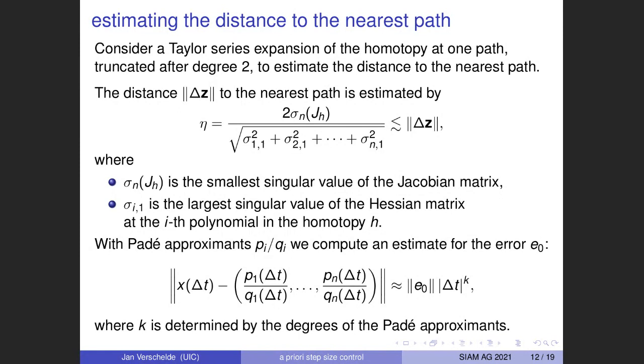There is way more to it in the derivation, but this is a summary slide on how we can estimate the distance to the nearest path, taking into account the curvature. The more the paths curve, we are going to see this in the Hessians. And you can see the information of the Hessians occurs in the denominator of that bound.